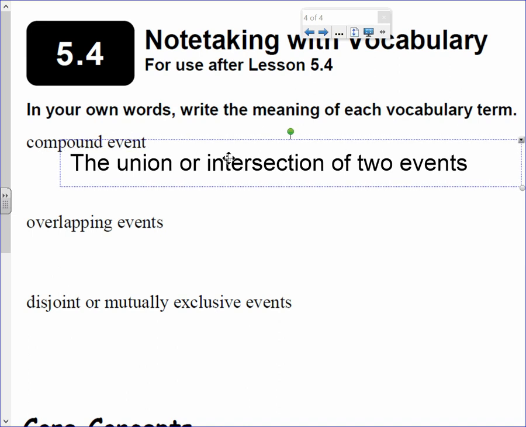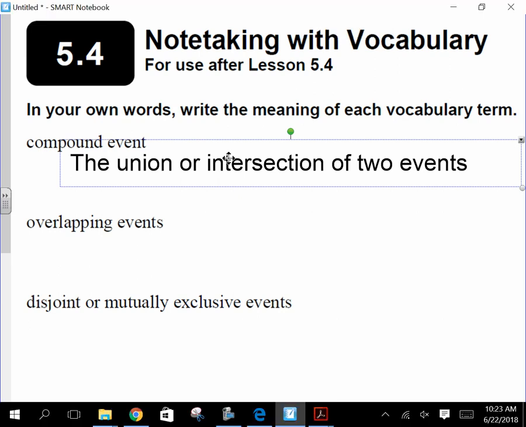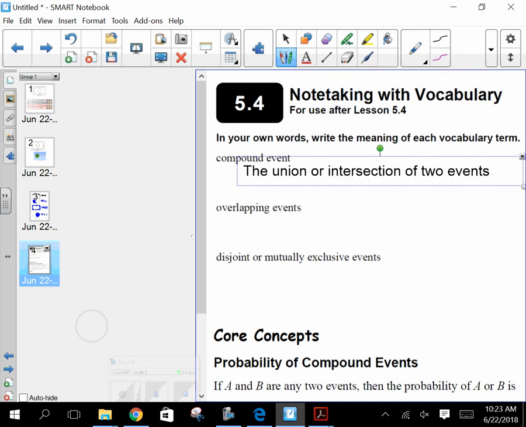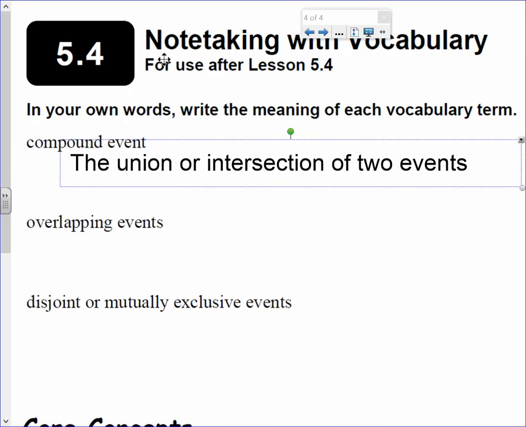For example, the probability of someone liking soccer or football, from our previous examples of the Venn diagrams.